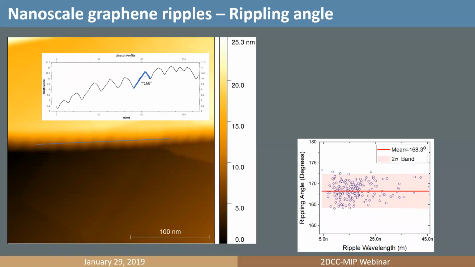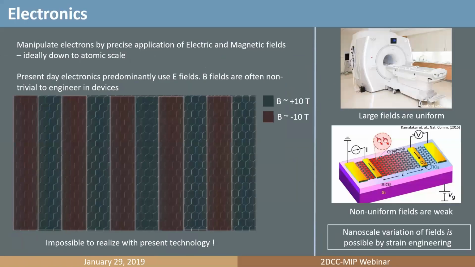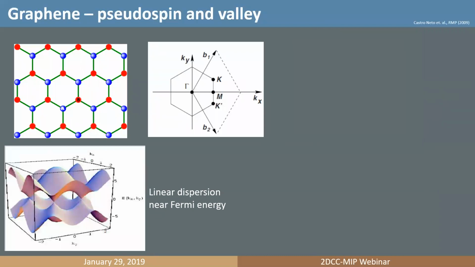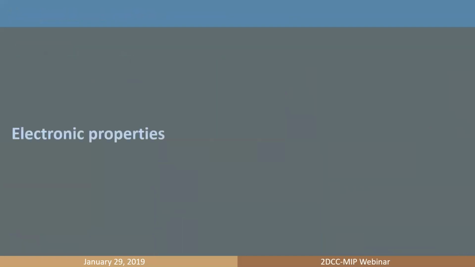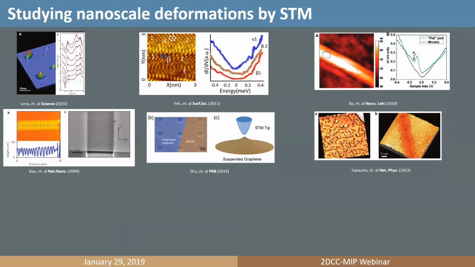Other than our experiment, I found another paper where they actually imaged this kind of ripple. In that paper, they bombarded ions on a copper substrate and dug trenches, and on these trenches they started growing graphene.